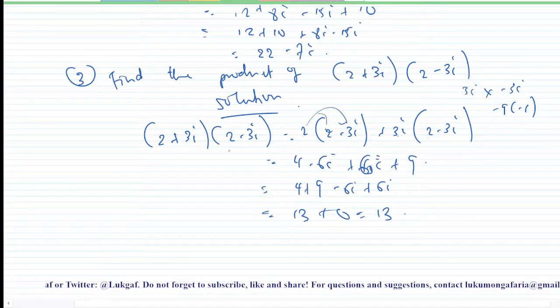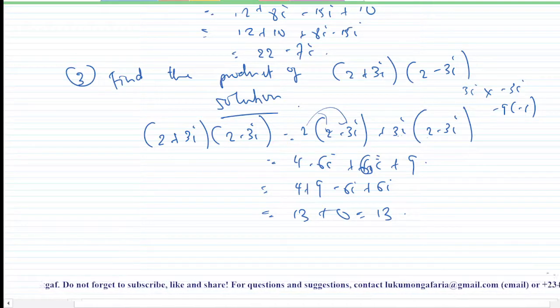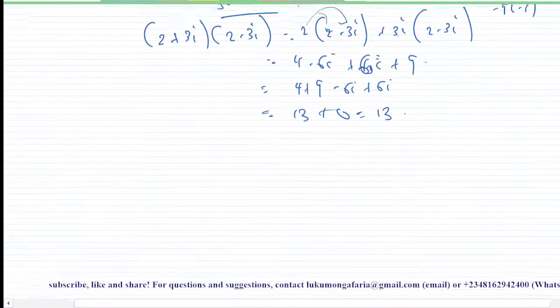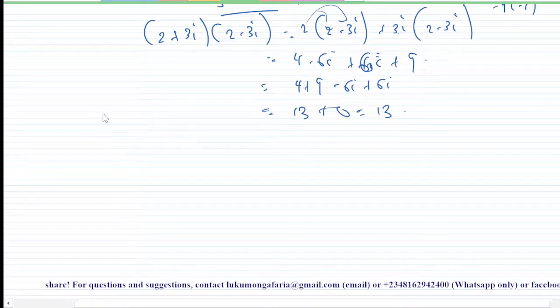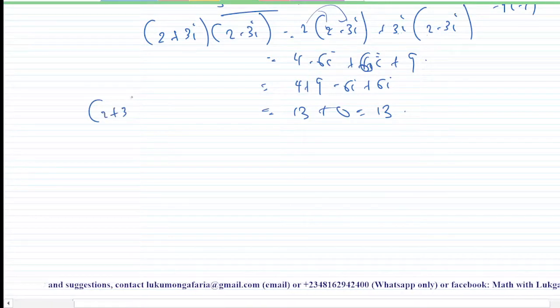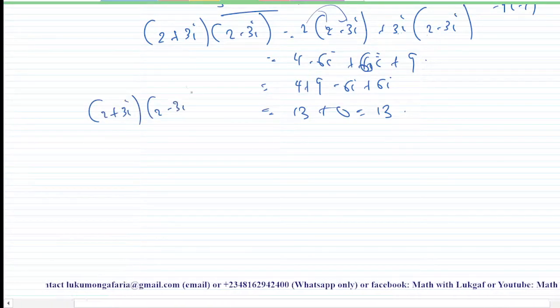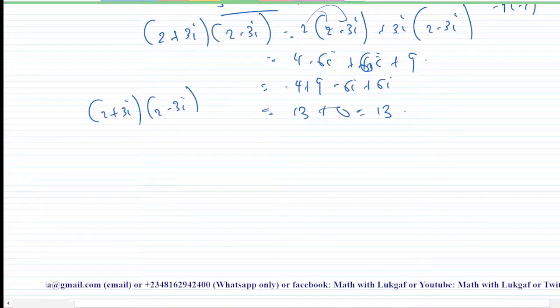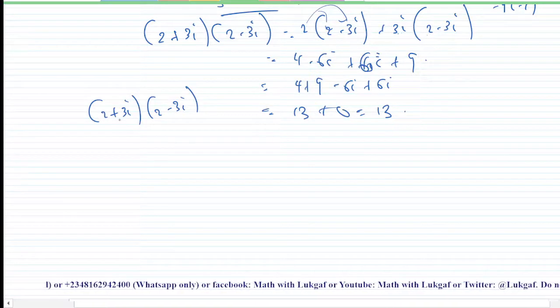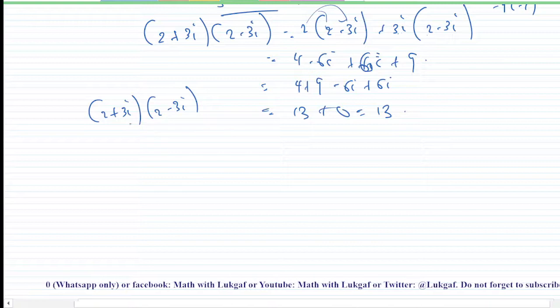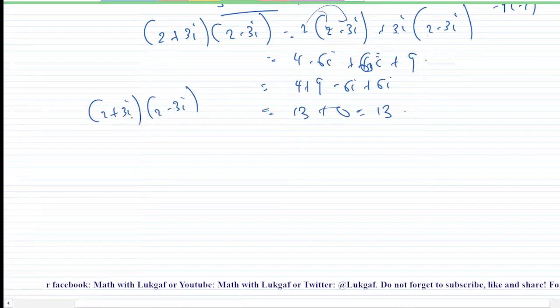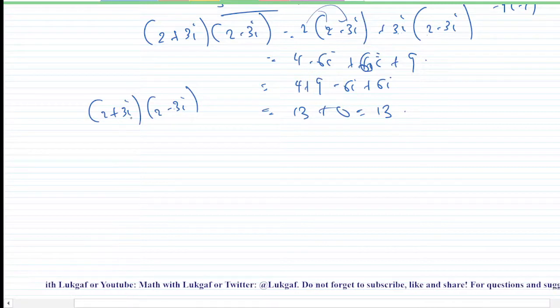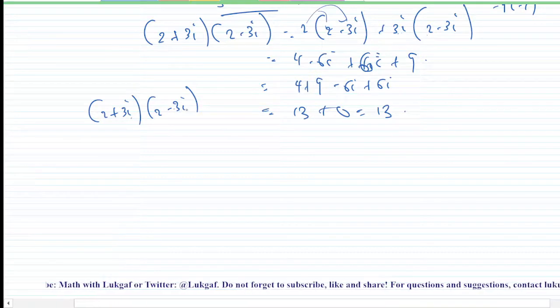If you check the equation very well, you will observe that I have 2 plus 3i, 2 minus 3i. It is the product of 2 plus 3i and 2 minus 3i. You understand now? This is like the conjugate of this. When we say conjugate, when you have 2 plus 3i, the conjugate of 2 plus 3i will be 2 minus 3i.